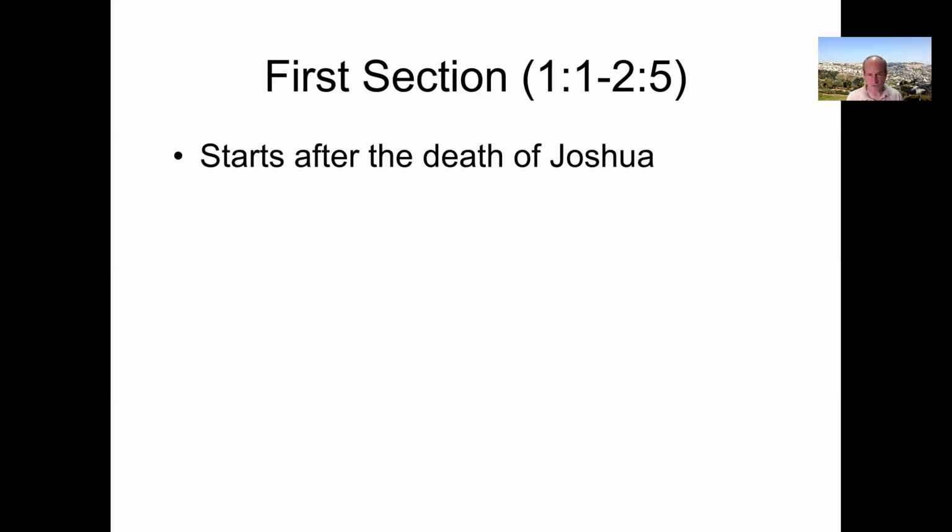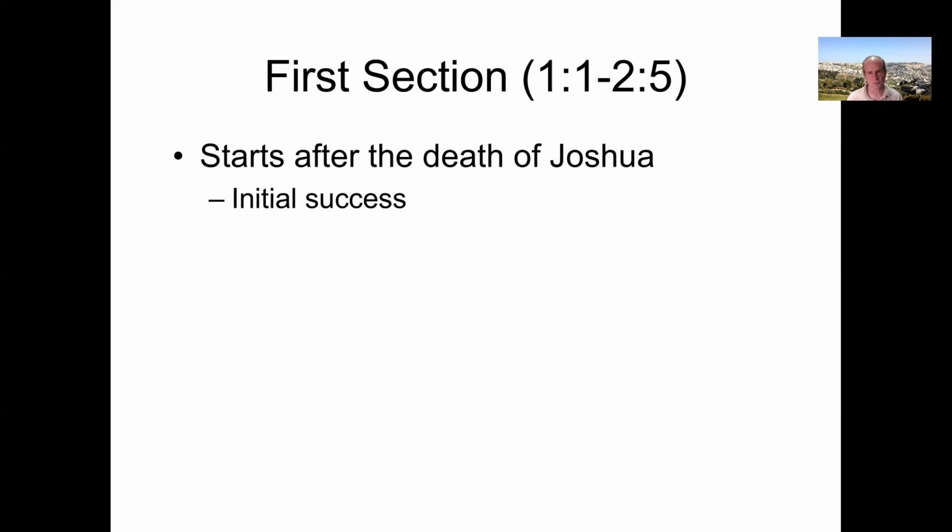We're working backward through the book of Judges. The first section starts after the death of Joshua. That's what the first verse in the book says. And it describes some initial success that the people had in conquering the land. The book of Joshua really had described a series of military campaigns, but it had very little description of any settlement.